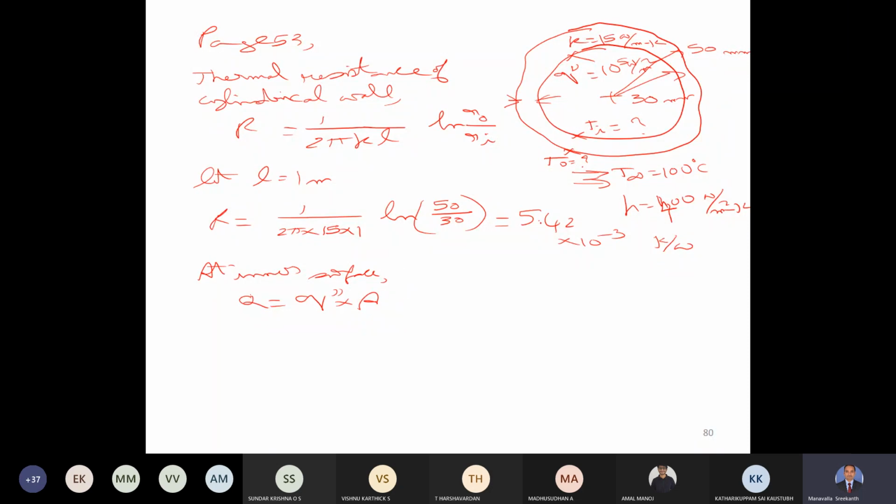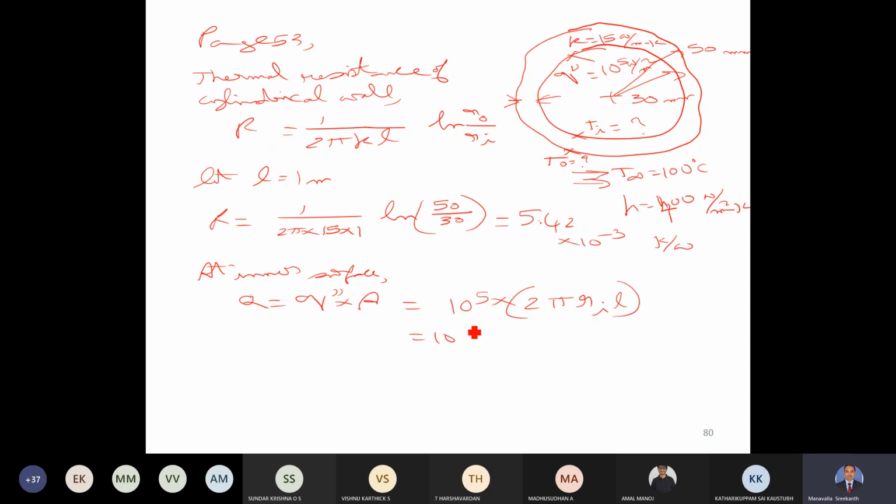That if we multiply with area, we will get the heat transferred at the inner surface. So this will be 10 power 5 multiplied by area of the inside. What is the formula for area of the inside? It is a cylindrical circumferential area. So with the inner radius, this will be 2 pi r inner multiplied by L.